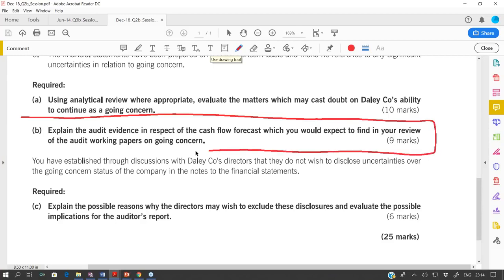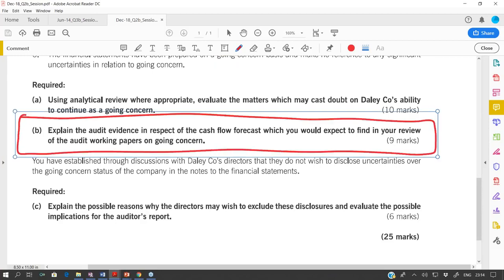See this requirement in the red box: explain the audit evidence in respect of the cash flow forecast, which you should expect to find in the review of the audit working papers on going concern.